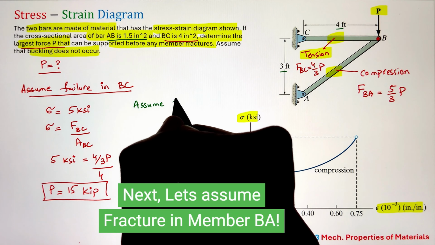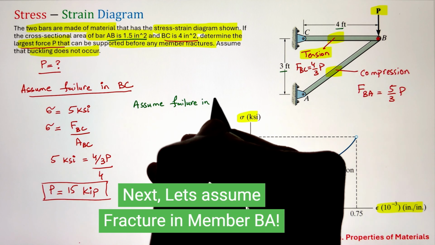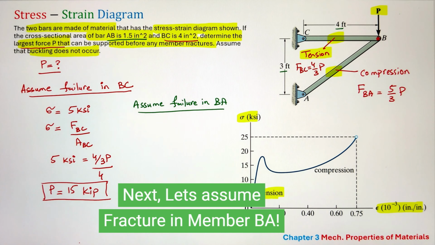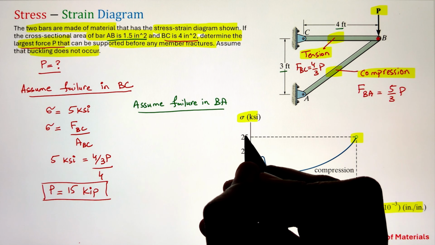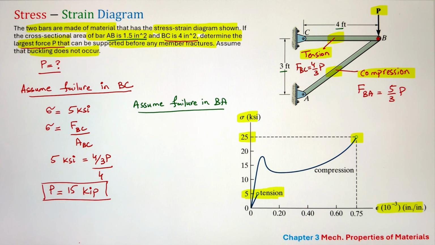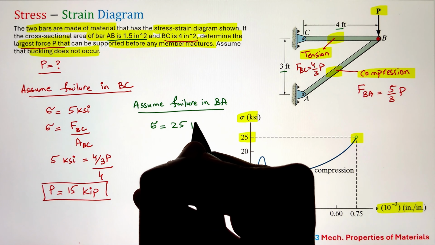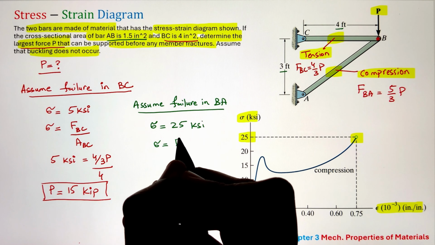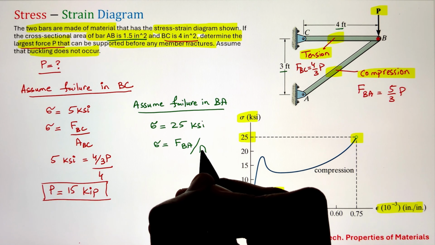Next, let's assume that the failure happens in member BA and identify at which specific value of P that failure will take place. Again, coming to our stress-strain curve, in compression mode the failure happens at 25 ksi. So let's put in the stress equals 25 and compare it with the force over cross-sectional area of member BA.